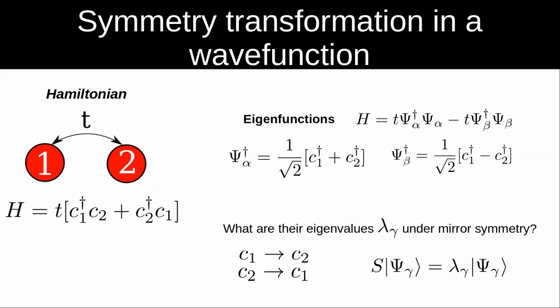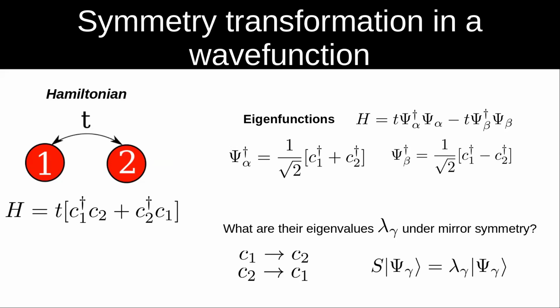Let us look at some other example. This example is less graphic, but maybe a little bit more explicit. Imagine that you have just a tight-binding model with two sites, site number 1 and site number 2, and your Hamiltonian is just hopping between site 1 and site 2.